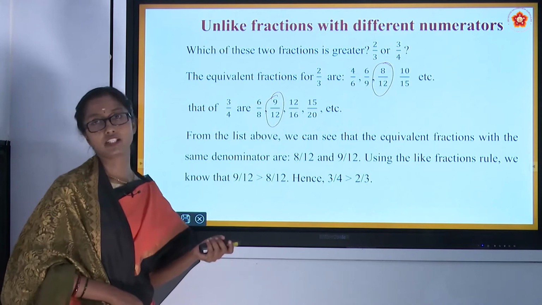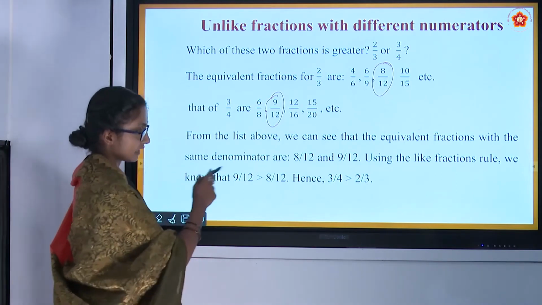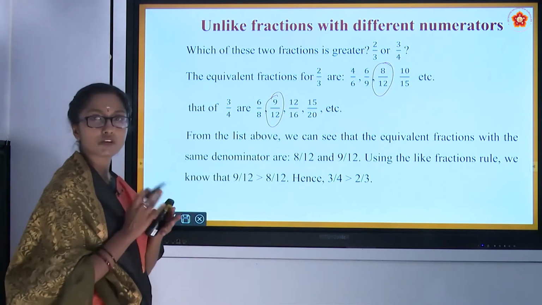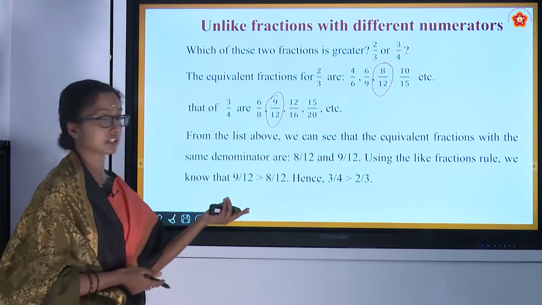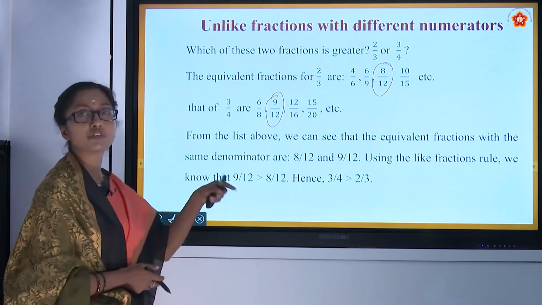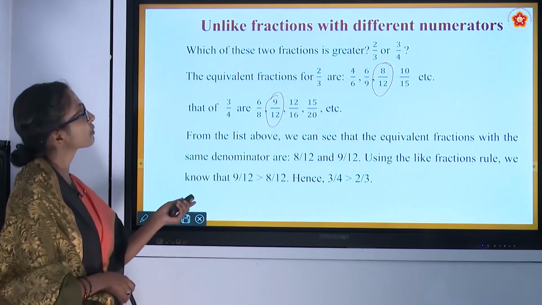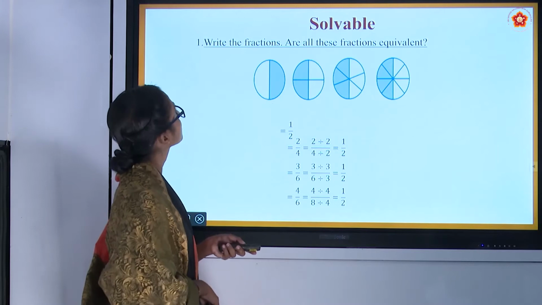In like fractions, we came to know that if a thing is divided into 12 equal parts, the fraction with more shaded parts will be bigger. We have come across this in like fractions. We will solve some problems now.